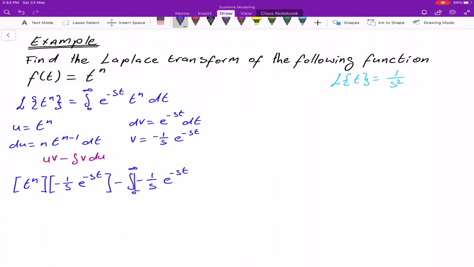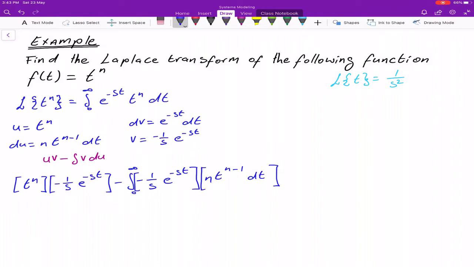Let me use brackets to separate this. du is n times t to the n minus 1 dt. Okay, that's what we have.